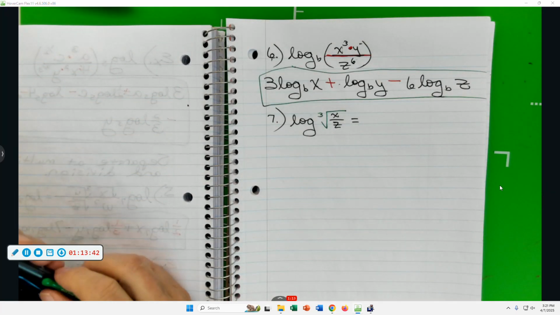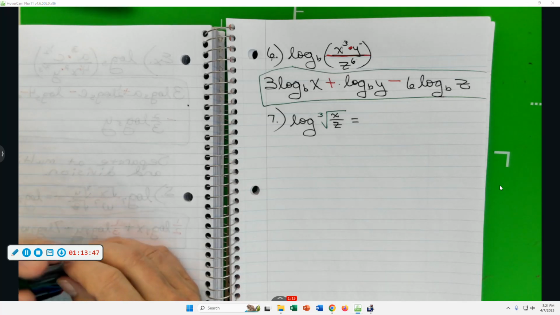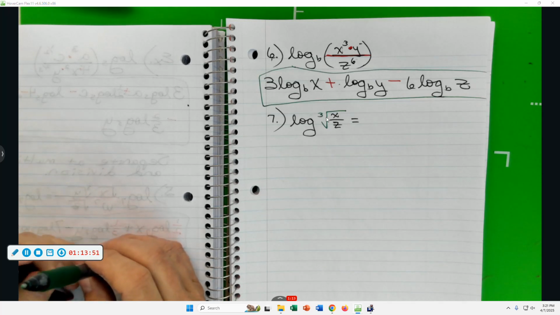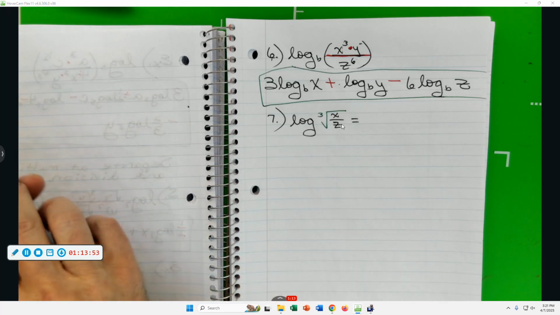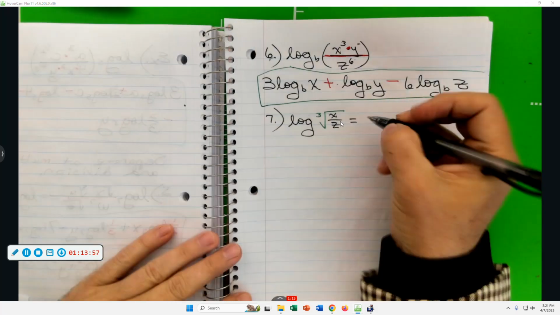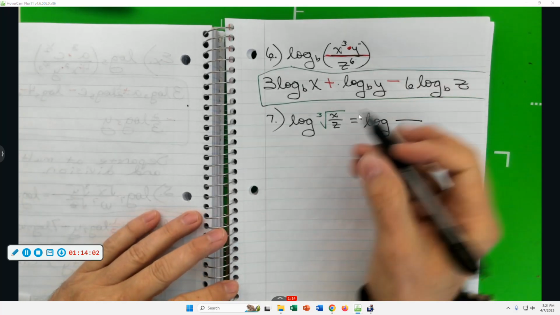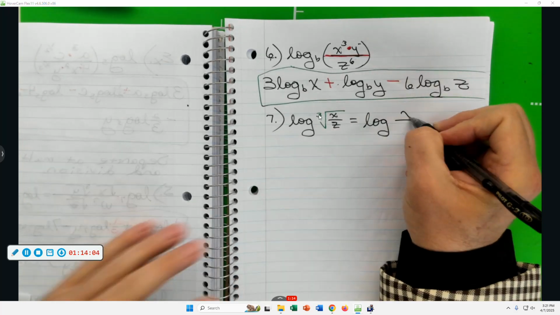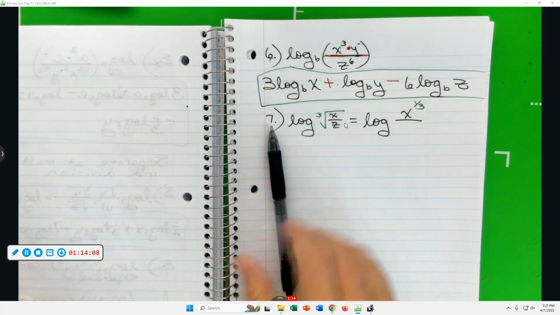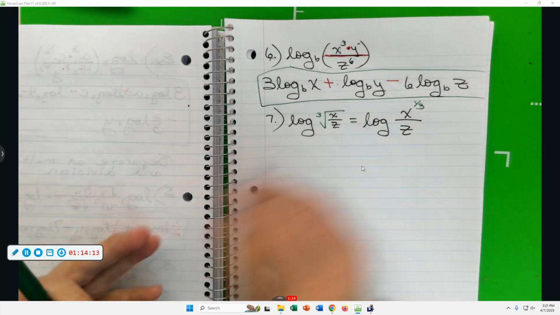Okay, look at that cube root symbol. Are both of those letters under that cube root? The cube root is what fractional exponent? 1/3. Okay, so I'm going to rewrite that. You want the cube root of x, so that's x to the 1/3, all over the cube root of z, so that's z to the 1/3.